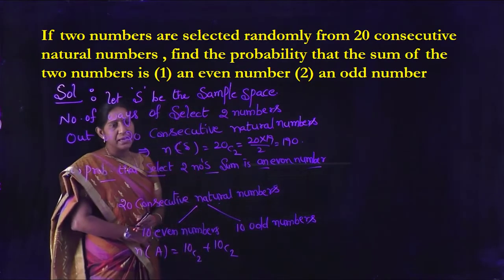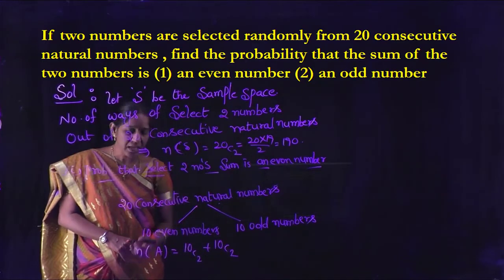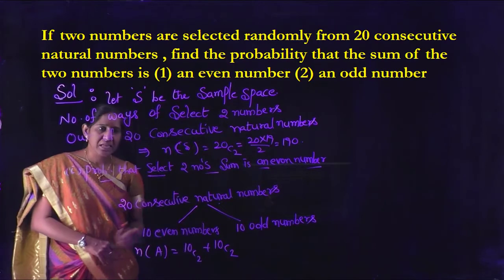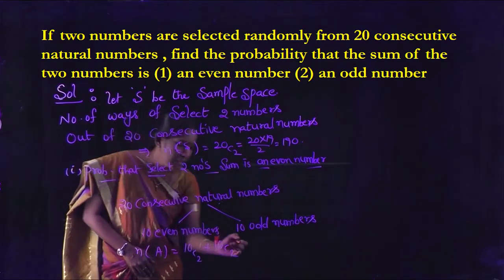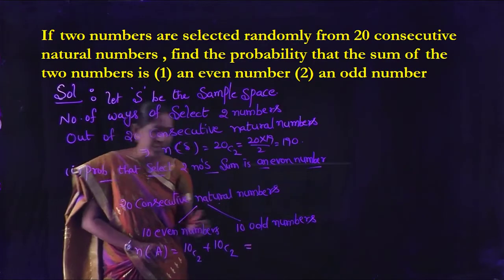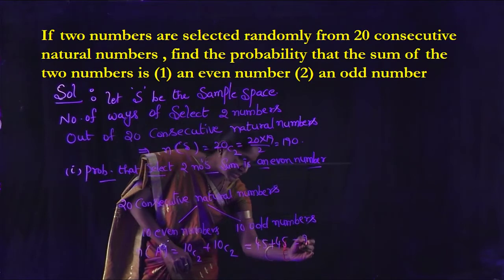This can be done in 10C2 plus 10C2 ways. Therefore, n of A equal to 10C2 plus 10C2. Then the value of 10C2 is 10 into 9 by 2, 45, plus 45. So this is 90.